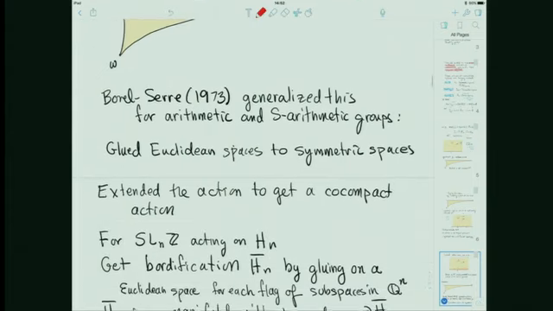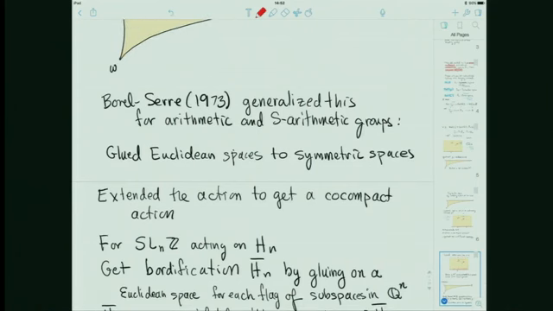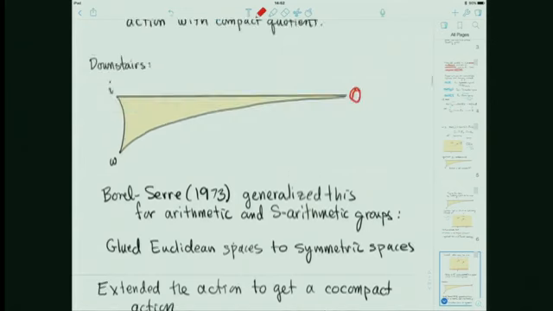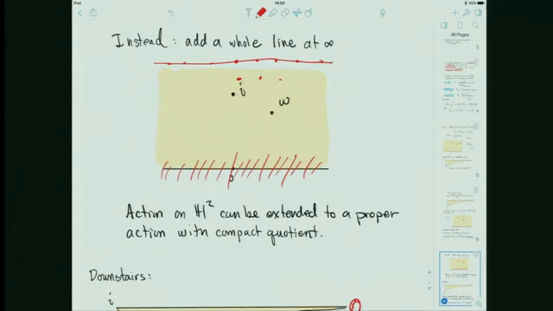So for SL_n Z acting on the symmetric space, this bordification you get by gluing on a Euclidean space, and you glue one on for every flag of subspaces in a vector space Q^n, an n-dimensional rational vector space. Every time you have a flag of subspaces, you're going to glue on a Euclidean space. So in particular, in our picture up here, we glued on a line at every rational point.